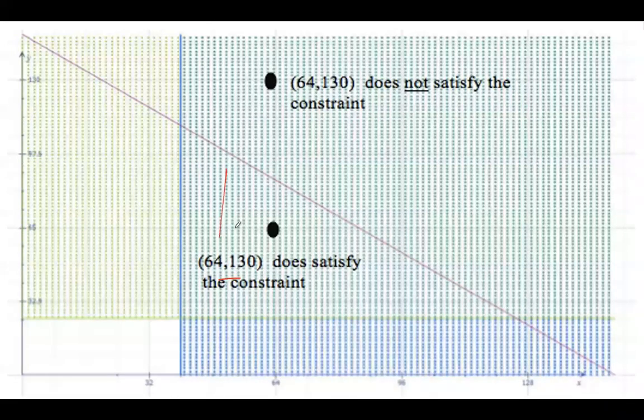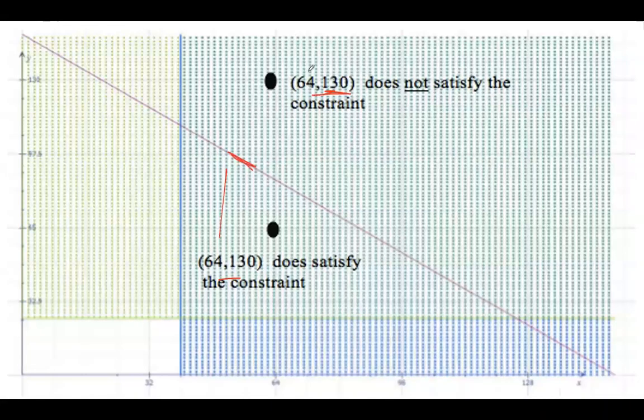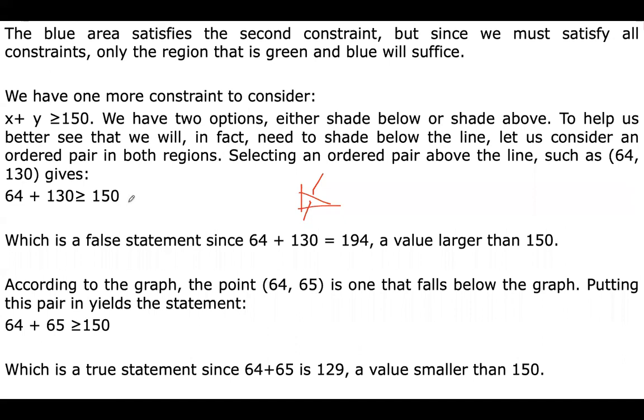When we take this point, it gives us a value greater than 150, so this is not the right direction. Similarly, it will give us 194, which is larger than 150, so this won't be satisfied.